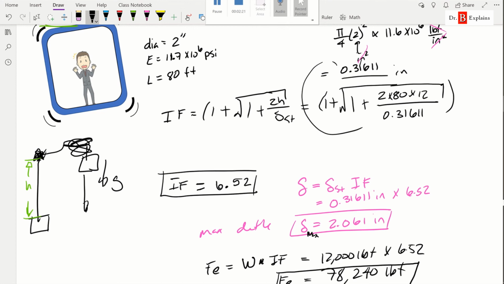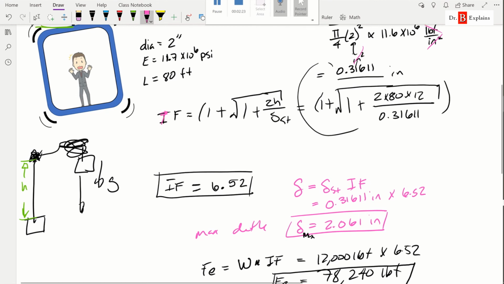So now look at the big difference. I'm going to color this one magenta because this is the wrong one, but that would give an impact factor of 78.9. Look at the big difference between the two.